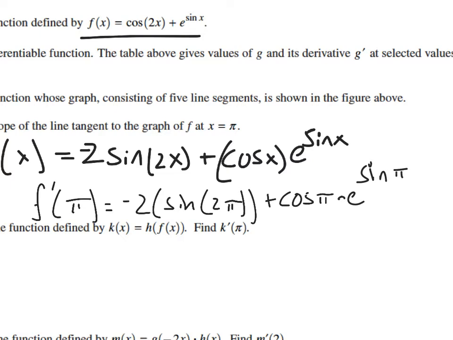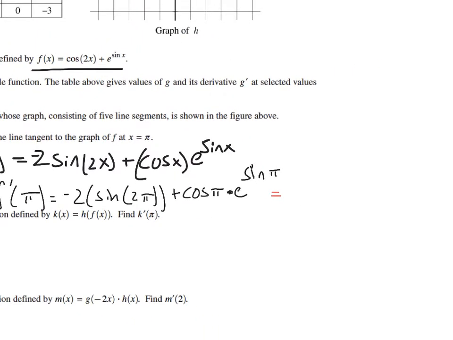All right. And so this is equal to, and let's work it out, we have negative 2 times, the sine of 2 pi is 0, so we have negative 2 times 0.